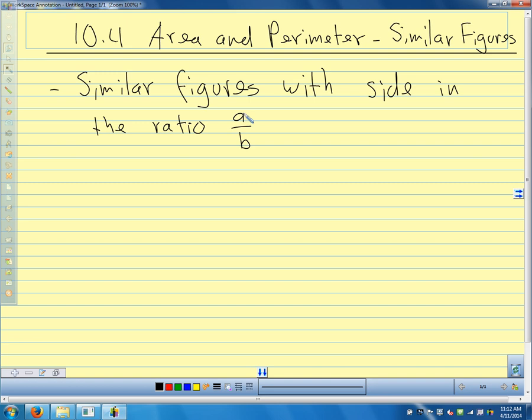What was it? Our scale factor. Perfect. So our sides are in a ratio of A over B, and the other way that we can say that is the scale factor. Those two are saying the same thing. We can say the sides are in the ratio of A over B, or our scale factor is A over B.